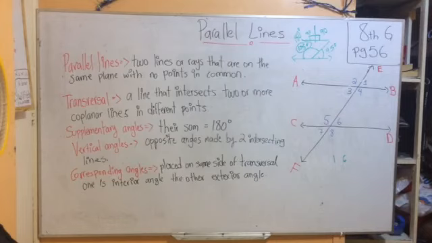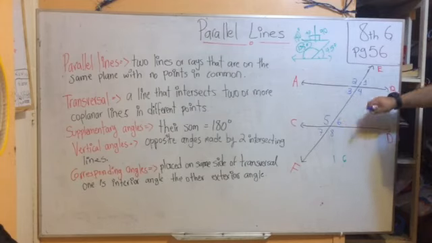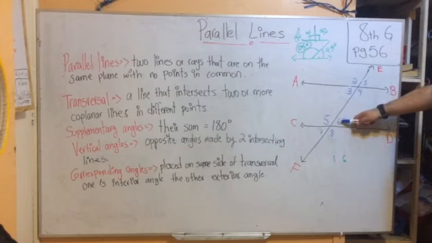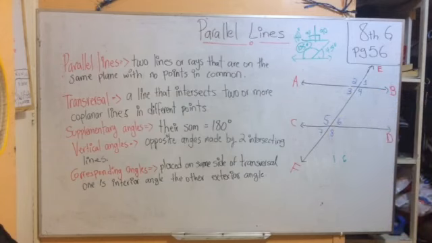We also have the definition for alternate interior angles. An alternate interior angle, for example, would be number 3 and number 6. They are inside, and they are alternate because they are on opposite sides. The same thing would happen with 5 and 4.